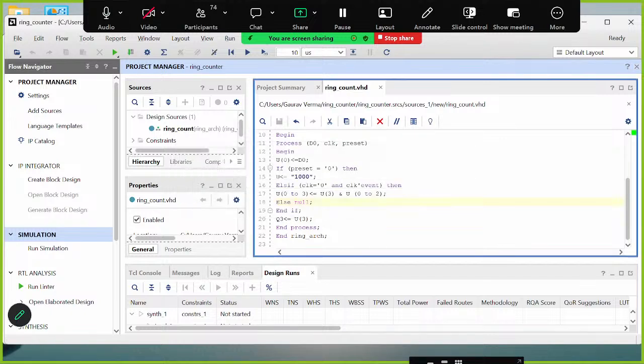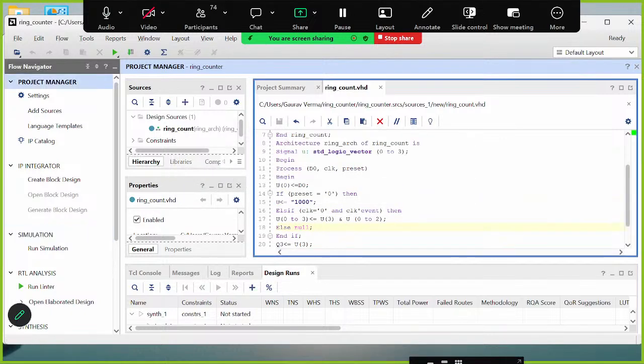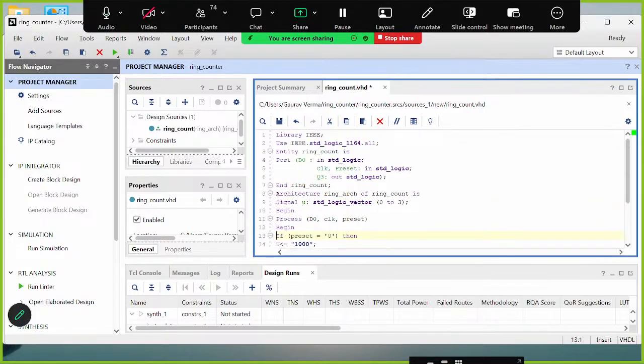We don't want this to be applied over here. This is not required actually.